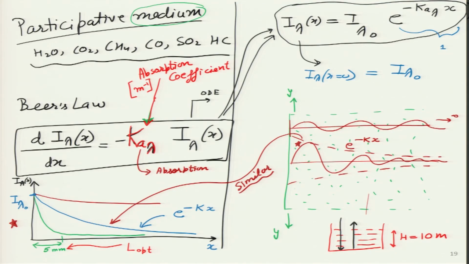So, even inside 1 kilometer of water there may be photosynthesis taking place. Exact number I do not know, but maybe it is 500 meters, maybe it is 2 kilometers.